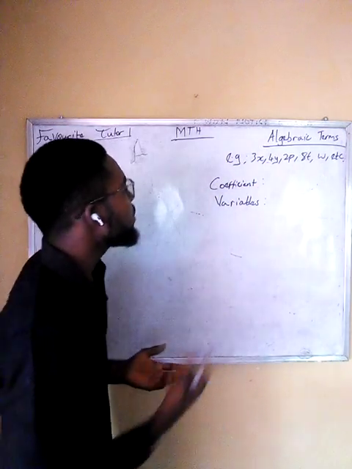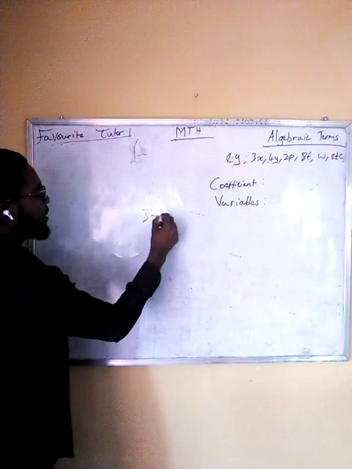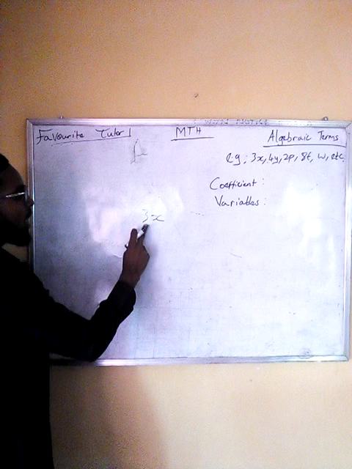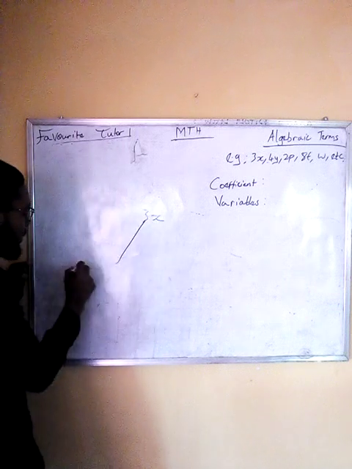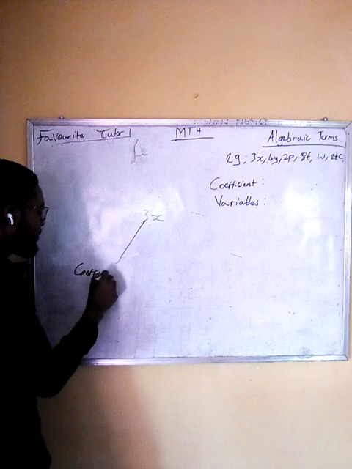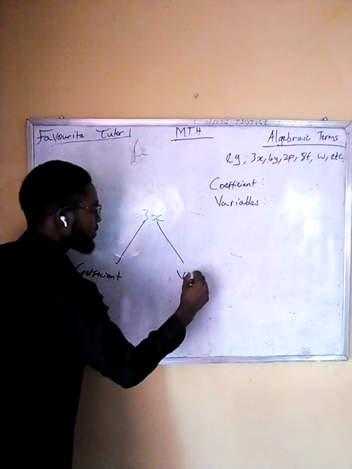How do we know this? Let's take 3x as a case study. 3x is an example of an algebraic term because it possesses a coefficient and a variable.